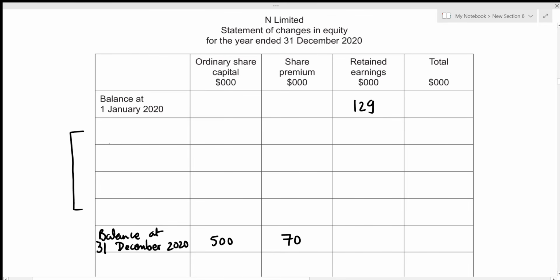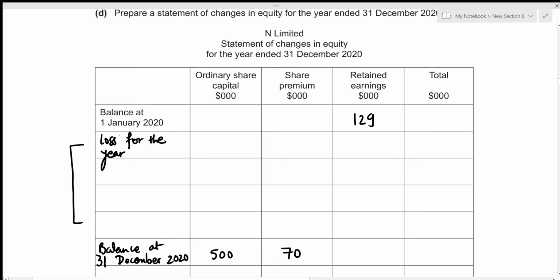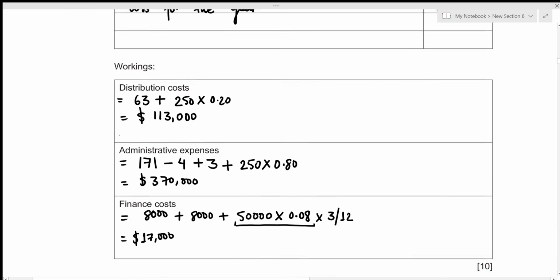Now we need to fill up whatever events that took place in between these dates relating to the equity. So the first one is we always add the profit for the year to the retained earnings and we deduct loss for the year from the retained earnings. And if you remember from the first part, we calculated loss for the year. So let's write that first. Let's look at the value of the loss that we calculated.